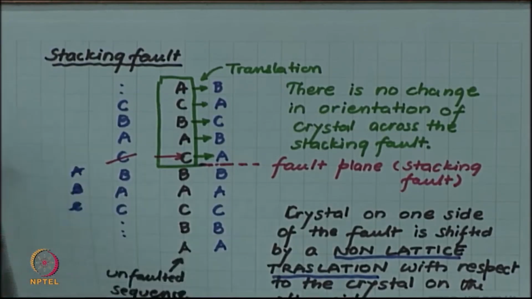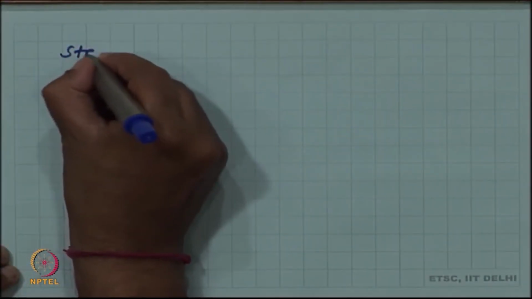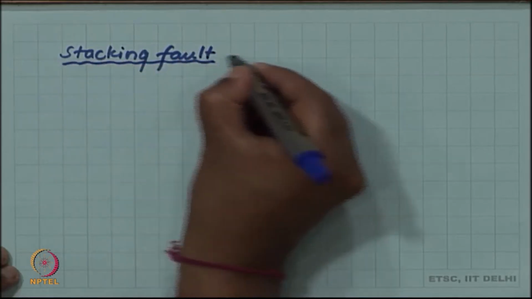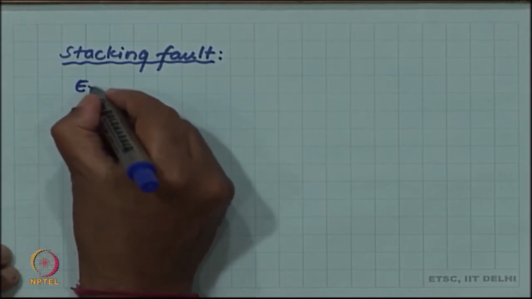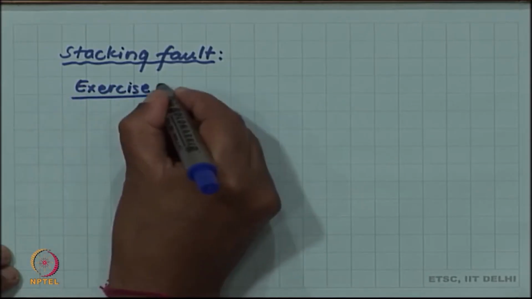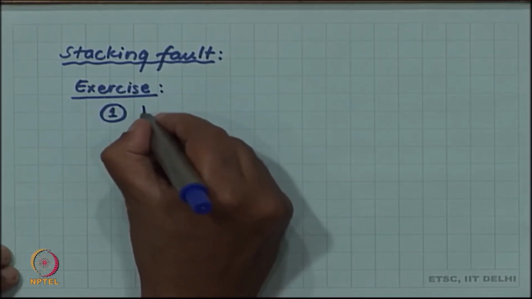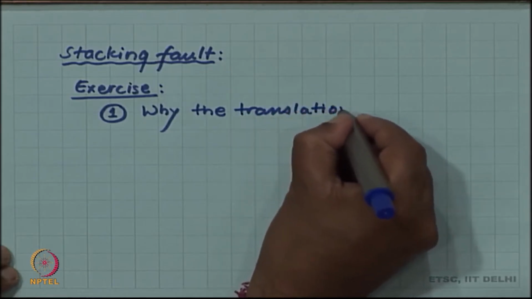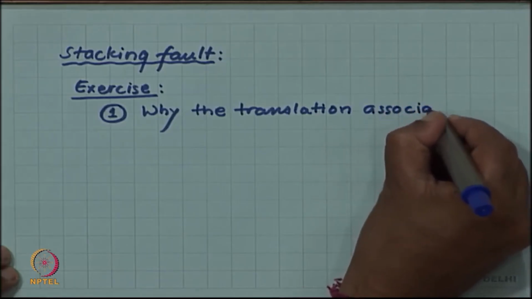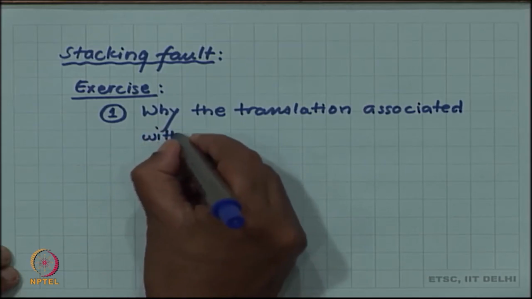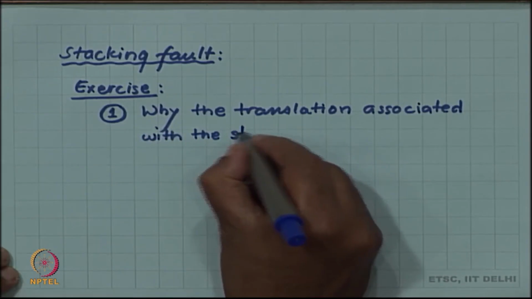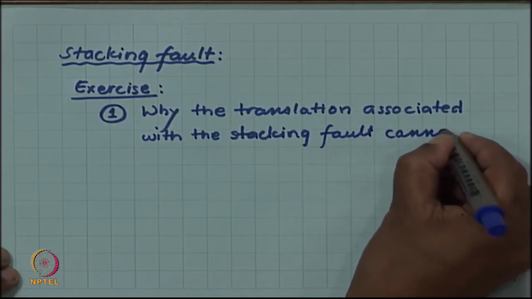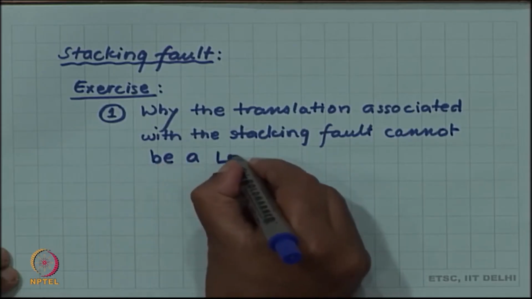So, I leave these two as exercise questions for you. Why the translation associated with the stacking fault cannot be a lattice translation.